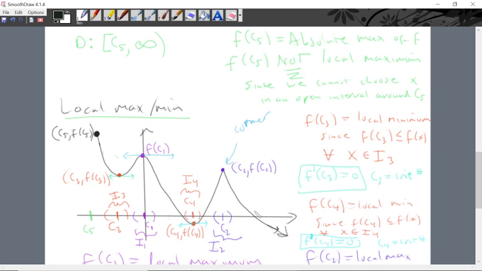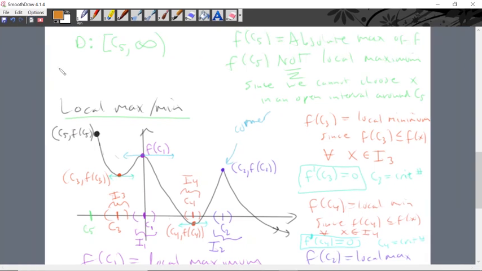Now, if it didn't go downward, and let's say it approached some horizontal asymptote over here, then f of C4 would become not only a local minimum but also an absolute minimum, because it would be the smallest y value for the whole function. It is possible for a y value to be both a local and an absolute maximum. But this function as constructed has no absolute minimum.